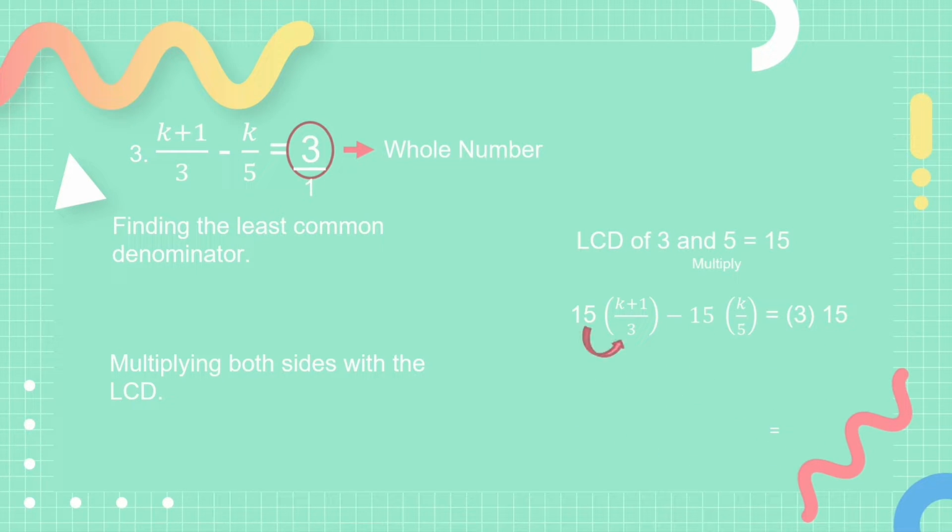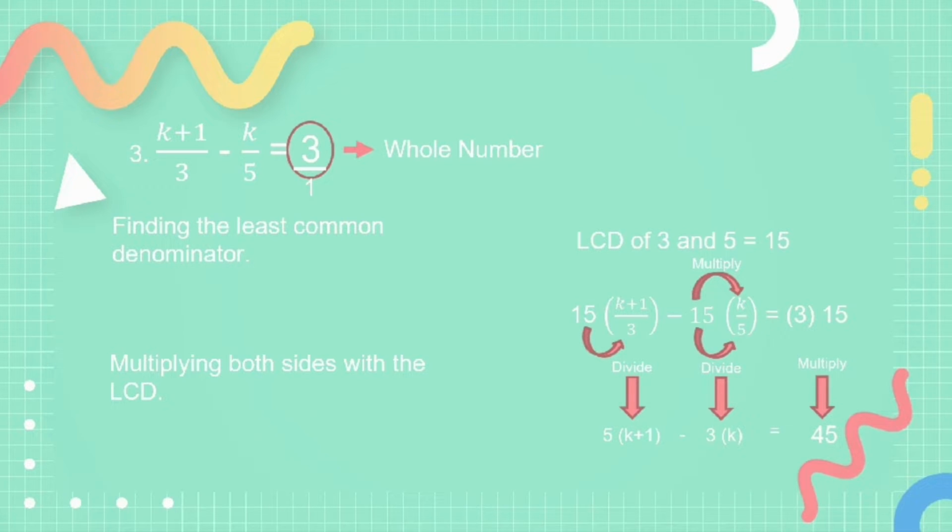Next, we follow the next step again, which is to simplify. First, we solve the constants and eliminate the fractions. We multiply 15 and 3, which will give us the answer of 45. Now, let us move to the other side. 15 divided by 3 is equal to 5. That will give us the result of 5(k + 1). And 15 divided by 5 is equal to 3.